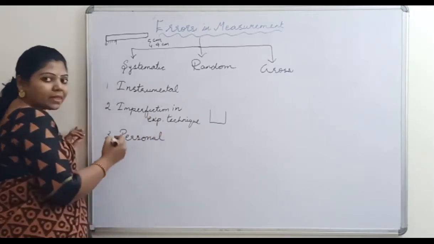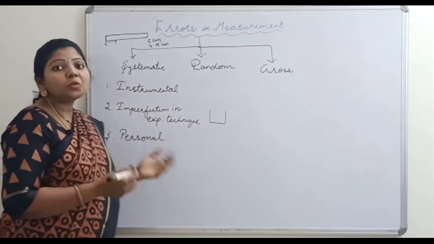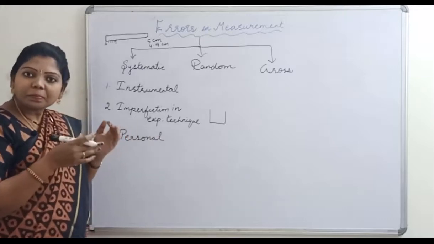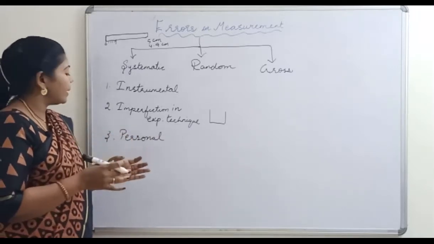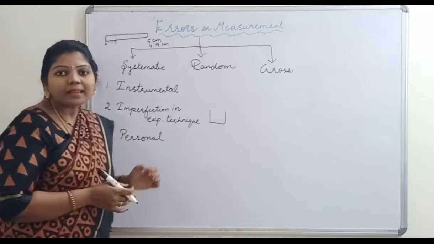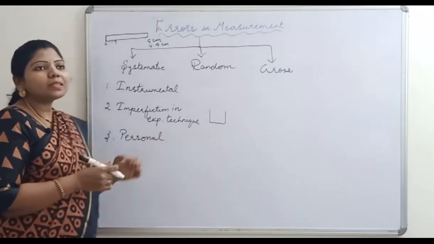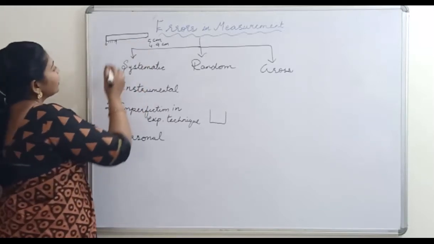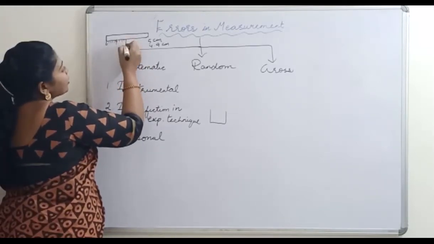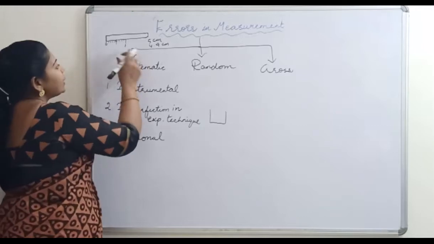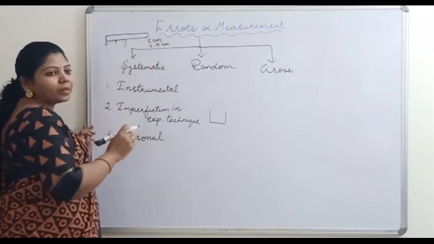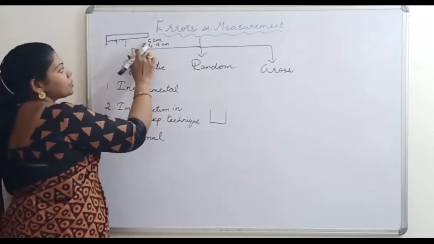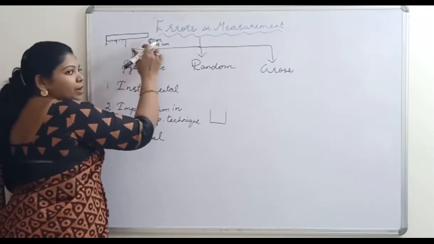The third one is personal error. So what is this personal error? Personal error is due to the person who is taking the reading. If the person is using a meter scale and measures all the readings from 1 centimeter, whereas usually we have to measure from 0, then there will be error. If you want to measure 5 centimeter, we have to measure from 0.